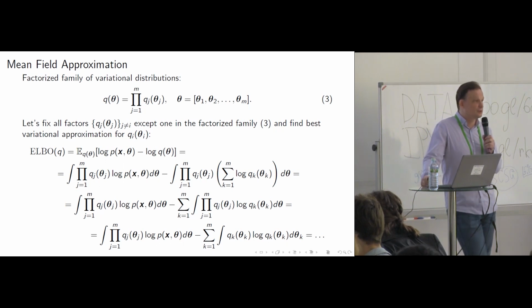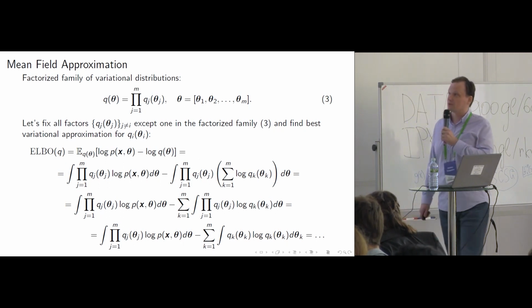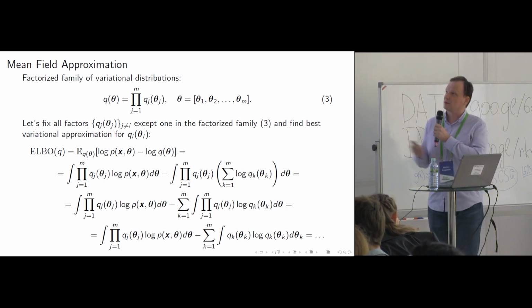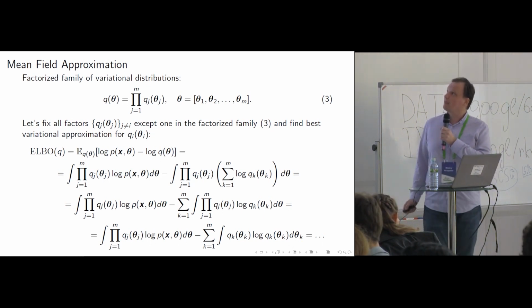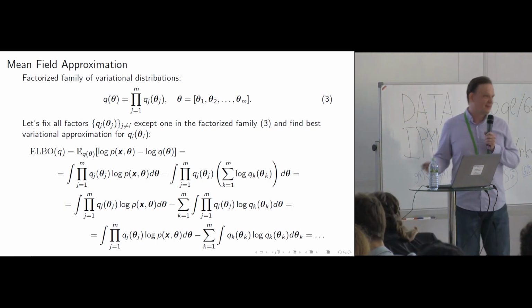Actually, the variational inference methods originally come from statistical physics area, and the first really effective approximation family was this one, mean field approximation. This is physics terminology here. So what distributions are actually simple?